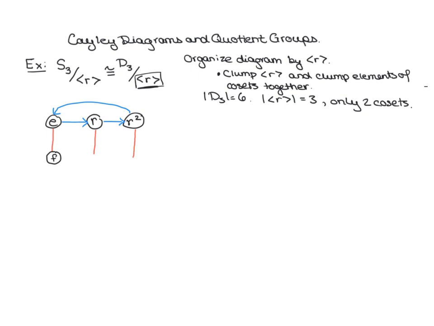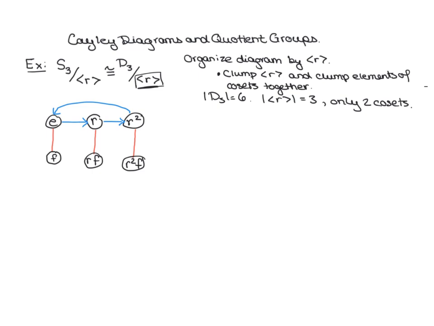So it's going to lead us to RF if we read from left to right, and then R squared F. Okay, and this is almost what I want to do.